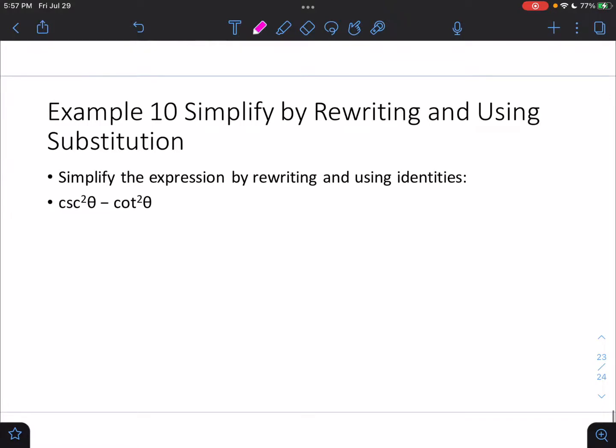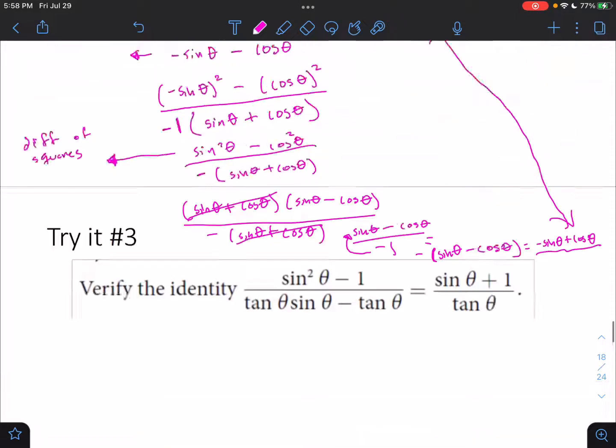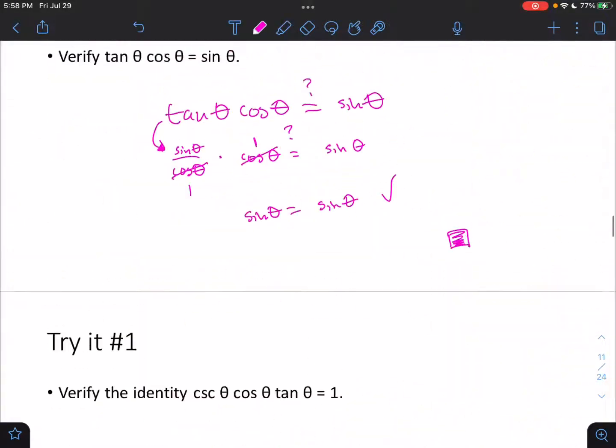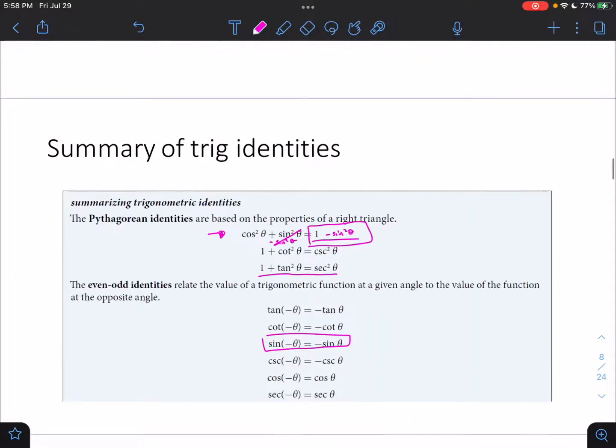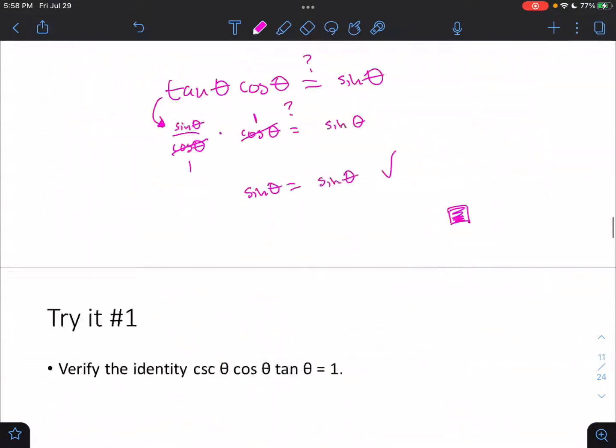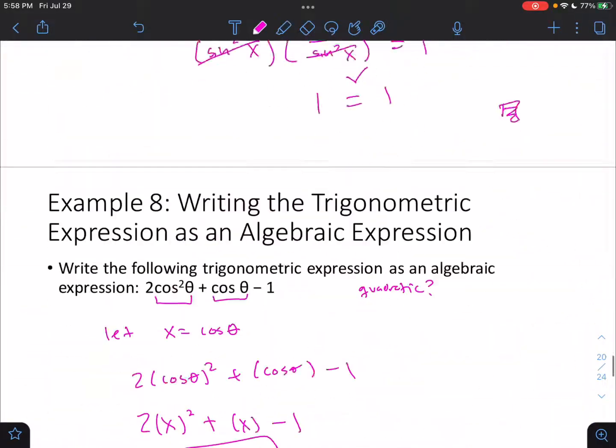What we're going to do is if we have 1 plus cotangent squared theta, and that equals cosecant squared theta. Let me see if I got that right. Cotangent squared is right there. And then we see that it's 1 plus cotangent equals cosecant. So let's double check.